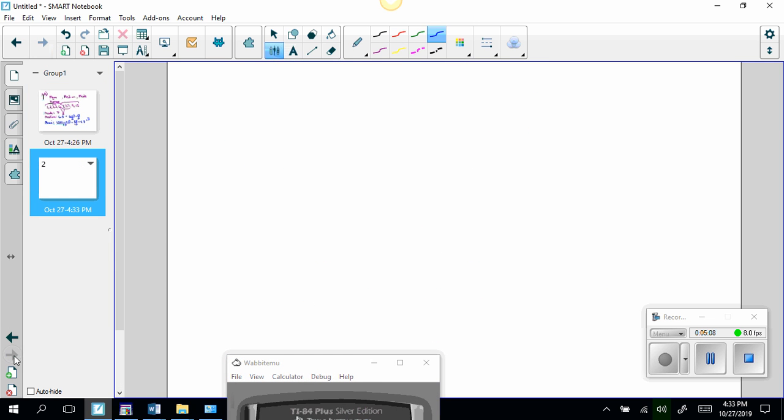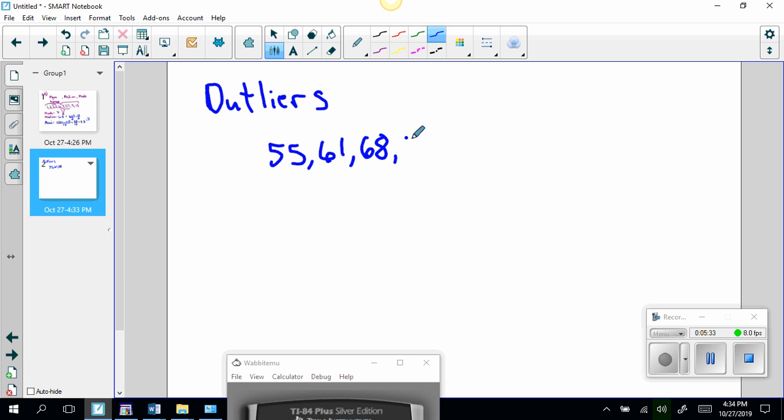Next page. Now, sometimes you get these things called outliers. It's like when you got test scores like 55, it was a really hard test, 61, 68, 71, 73, and then somebody gets a 100.